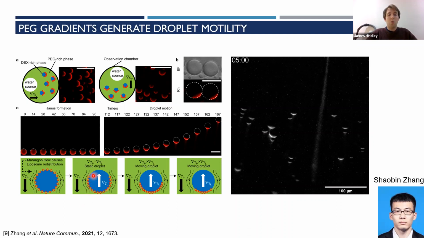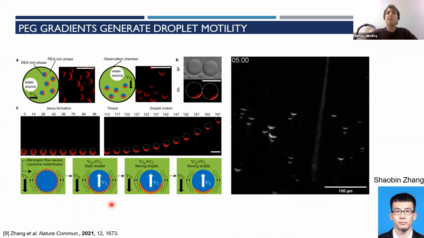And so once this goes beyond a critical surface area, these two interfacial tensions cannot balance, and so you get movement of the droplets to the water source. And here this occurs roughly when over 60% of the droplet area has been exposed due to liposome redistribution.